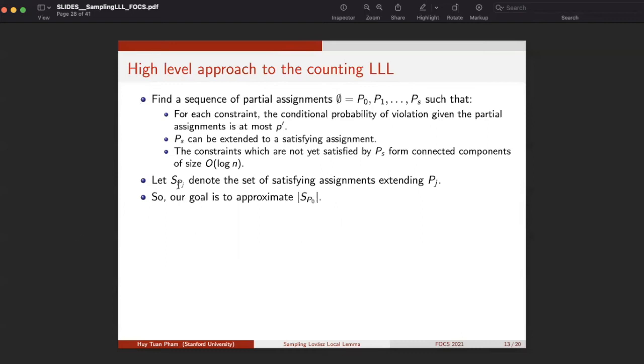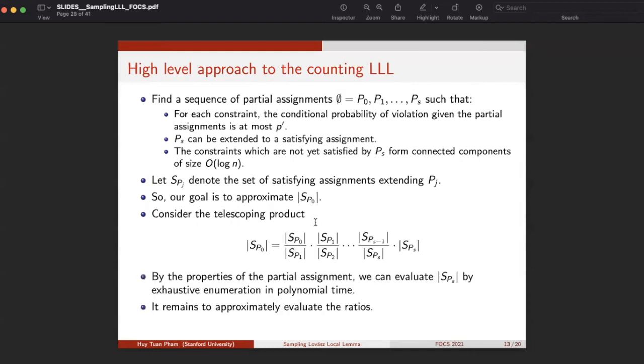So let's call S_Pj the set of satisfying assignments that extend the partial assignment Pj. Our goal is then to approximate S_P0, which is the total number of satisfying assignments. And we write S_P0 in terms of this telescoping product. And in particular now, to estimate S_P0, it is sufficient to evaluate S_PS and the ratios S_Pl over S_P(l+1). Now we use the third property of the guiding partial assignment.